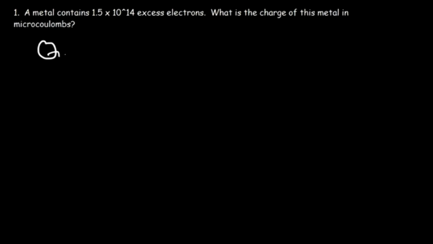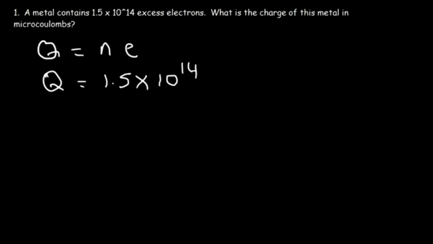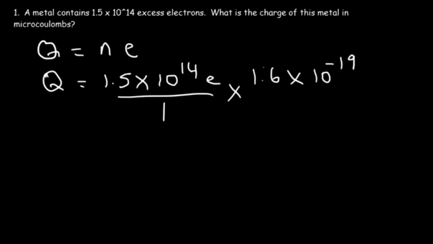Well, Q is equal to N times E. So let's find Q. N represents the number of electrons. That's 1.5 times 10 to the 14 excess electrons. And E is the charge per electron. So E is 1.6 times 10 to the negative 19 coulombs per electron.